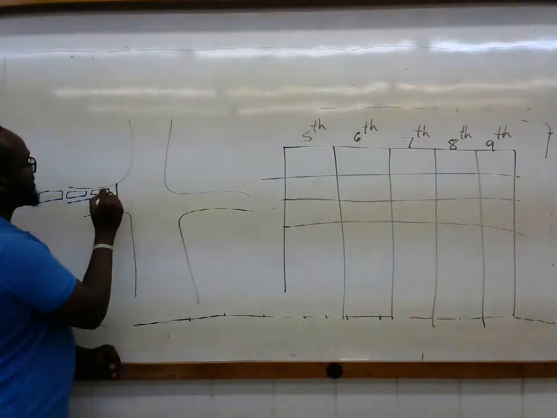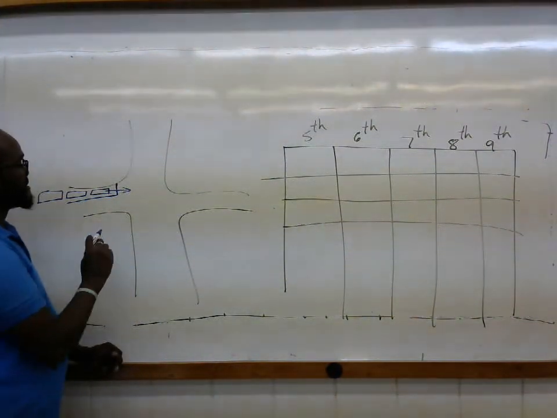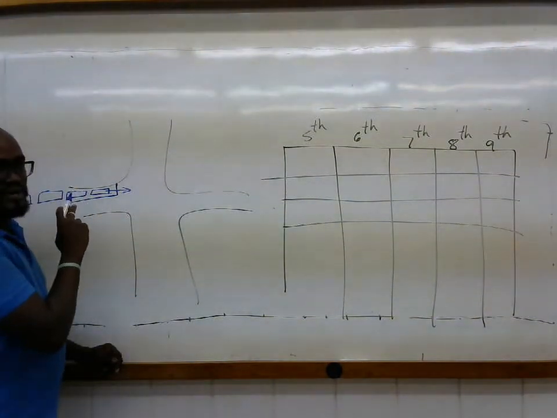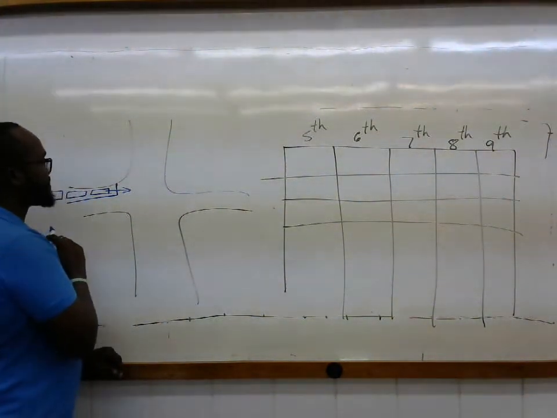So vehicle number one moves off, but obviously you do not accelerate and get to your cruising speed instantaneously.